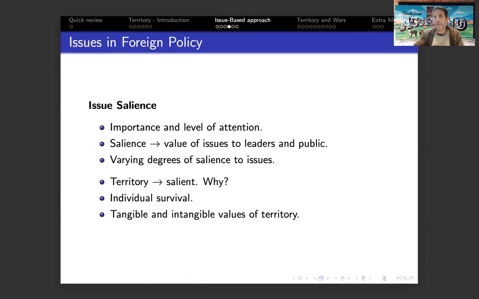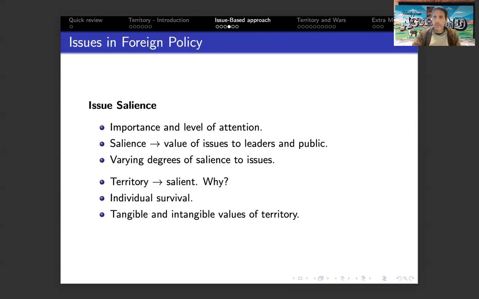Wealth, physical security, those are all tangible values that are associated with a territorial issue. At the same time, territories also have an enormous intangible significance that can be part of the national identity, can be closely tied to values of independence, status, or prestige. So in both of those categories, whether tangible or intangible values, territories score relatively high.